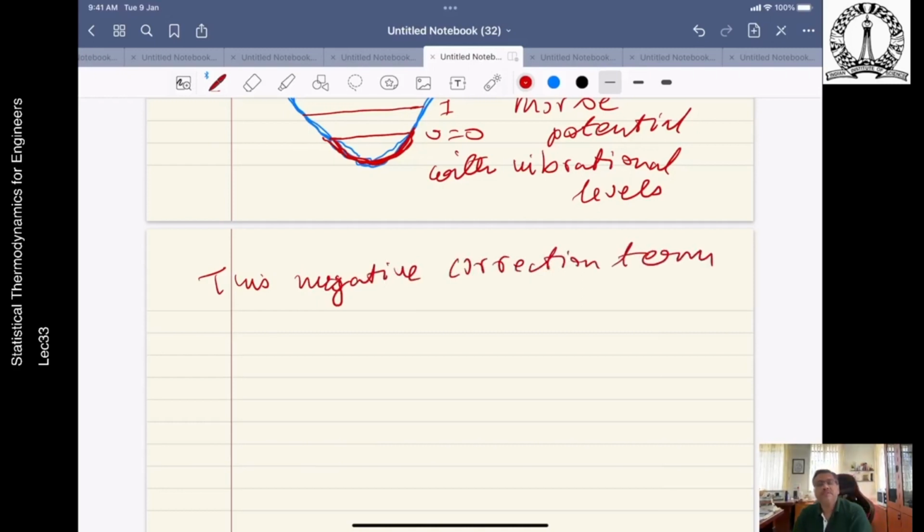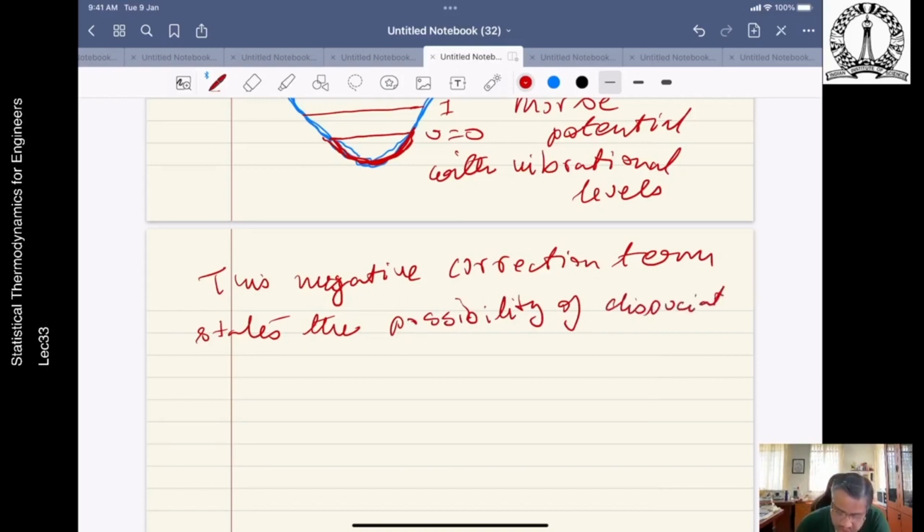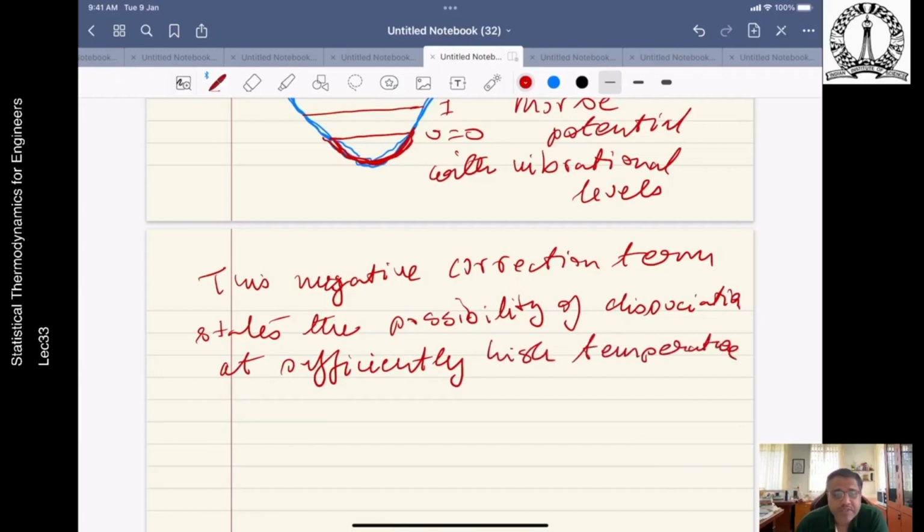If you think about it carefully, this negative correction term actually states that there is a possibility of dissociation at sufficiently high temperature.